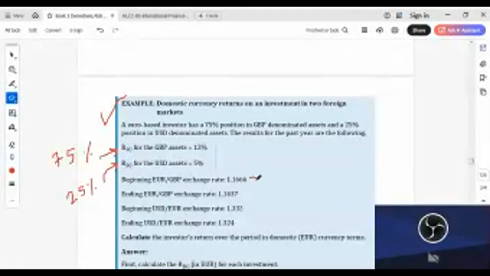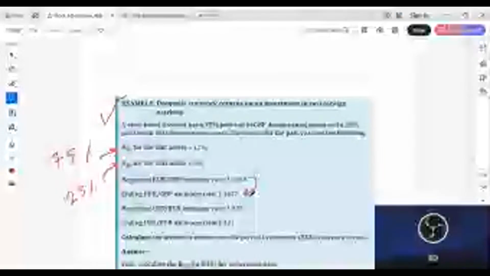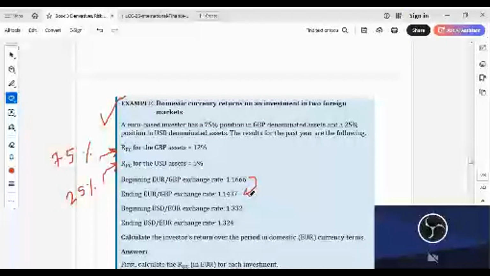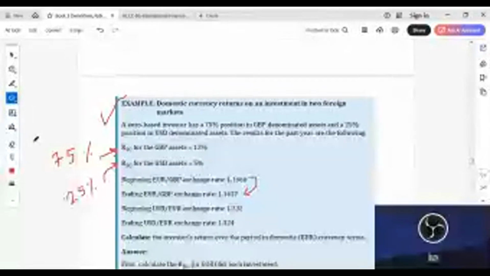You calculate this percentage. In pound versus euro. Let me also calculate.